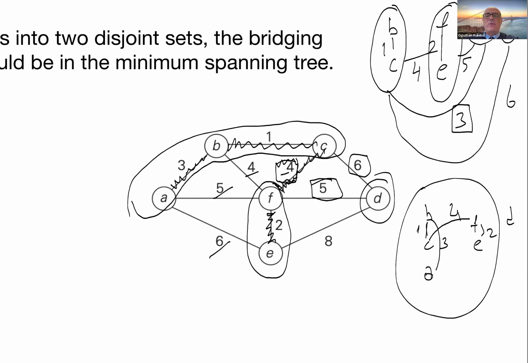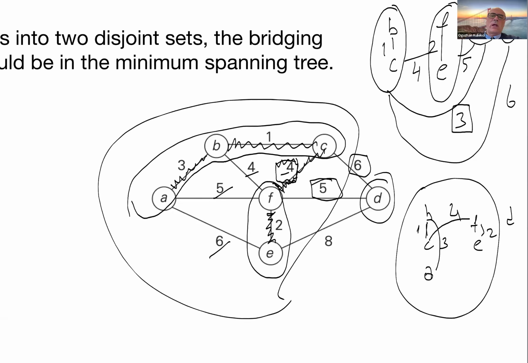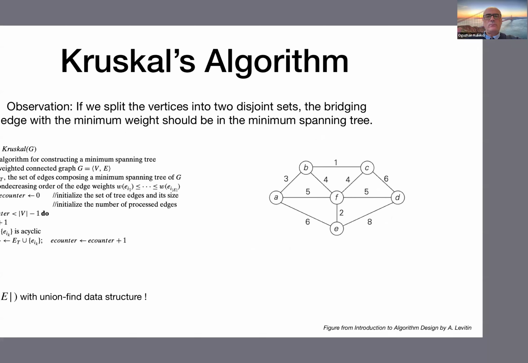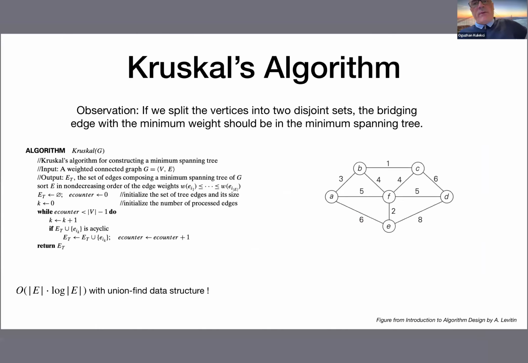What remains is adding D to this set, and D is connected to this whole cloud with a score of 5 at minimum. You see, at the end you reach the same solution that you did with Prim's algorithm. So this is how it works with Kruskal's algorithm.